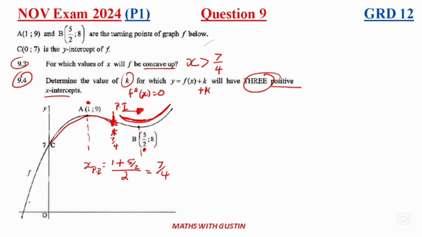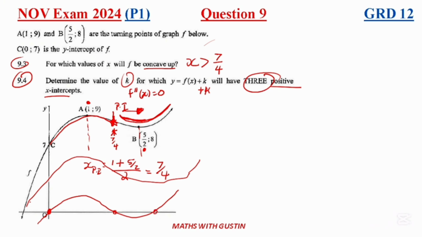So if, let's say for an example, we were to move it here, it's still not touching the x-axis. And then if I were to move it here in the origin, let's have a look. It's touching the x-axis here. It's also touching here. It's also touching there.